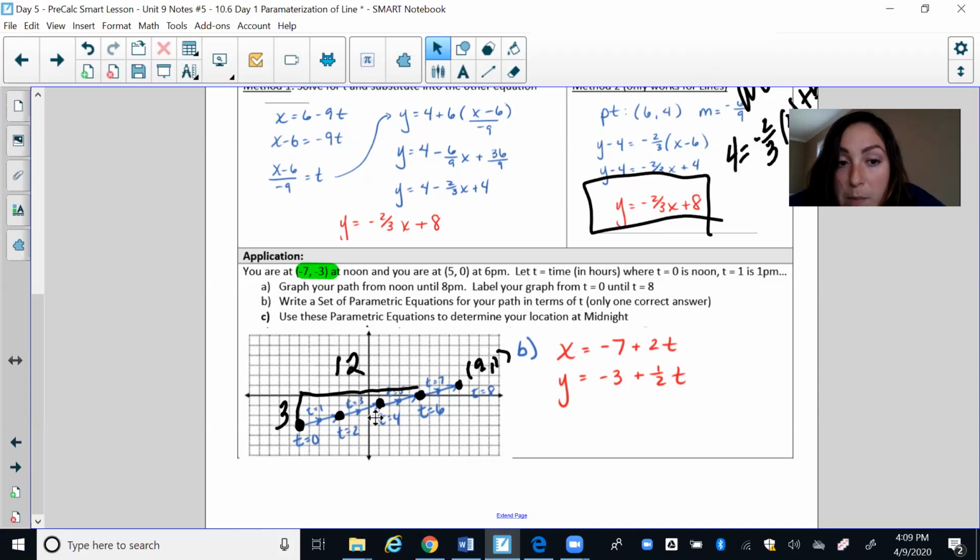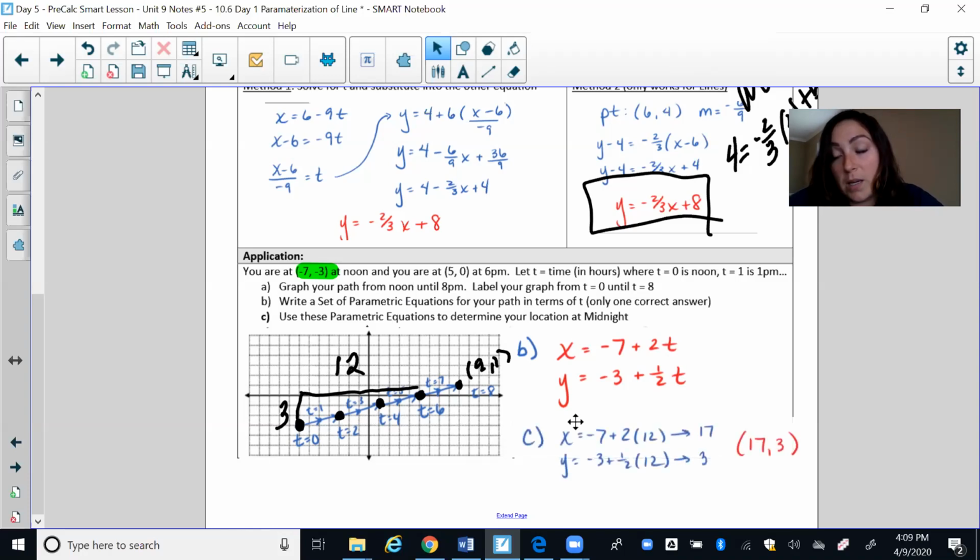So there's our parametric equations. So now part C says use these parametric equations to determine your location at midnight. So then we substitute in 12 and we end up getting our answer (17, 3).